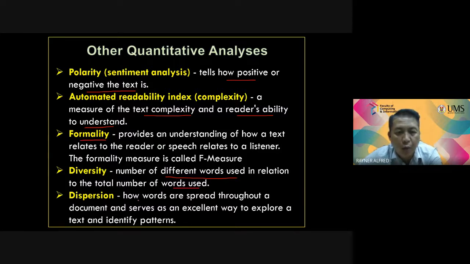Dispersion is how words are spread throughout a document, and it serves as an excellent way to explore a text and identify patterns. So for certain words, they want to look at how well they are spread in the document. These are some of the quantitative analyses that we can do for a text document.